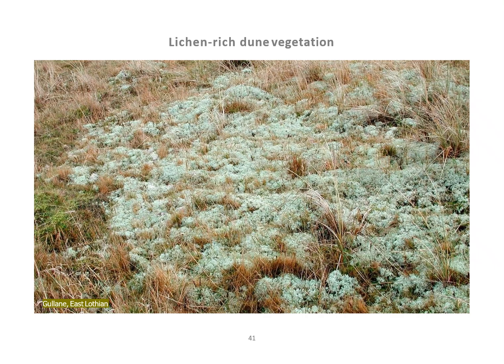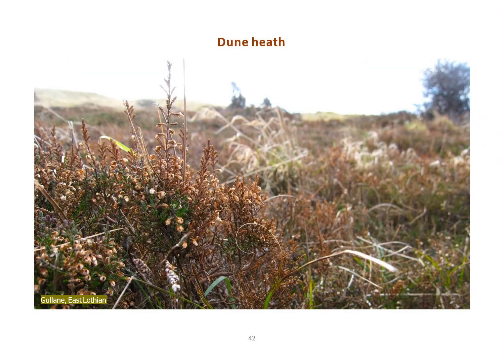There's good quantities of that lichen, those mixed Cladonias with marram grass and sand sedge. And we get heaths, sandy heaths, with heather and bell heather and sand sedge and scrub. Sea buckthorn is very common.